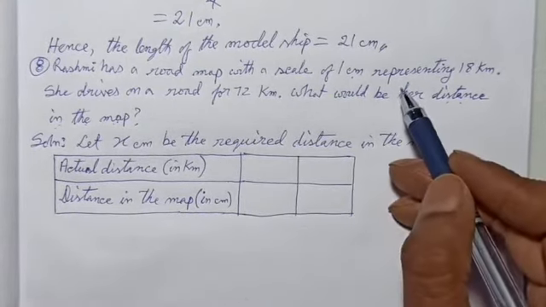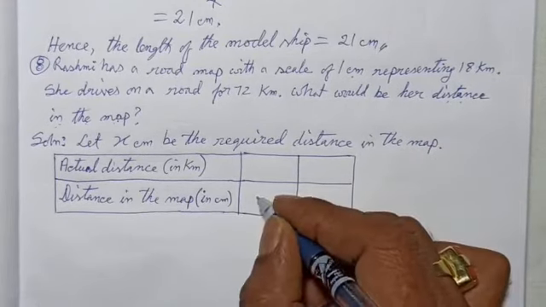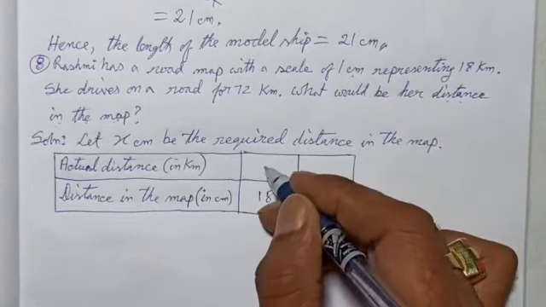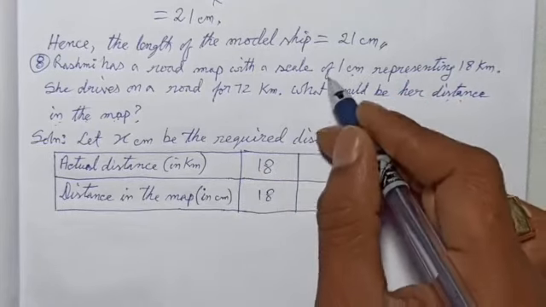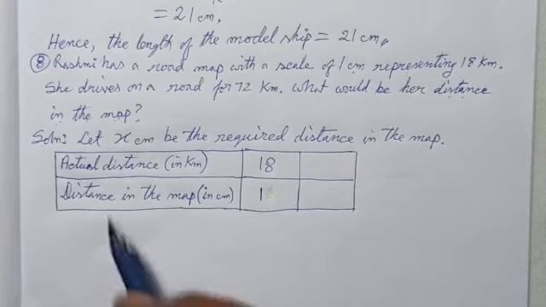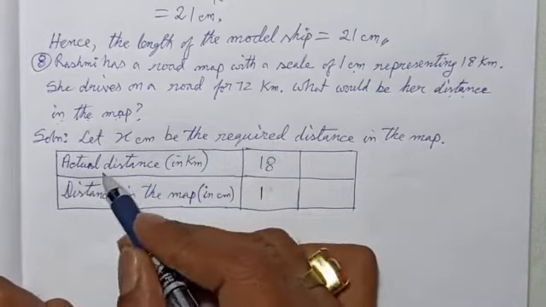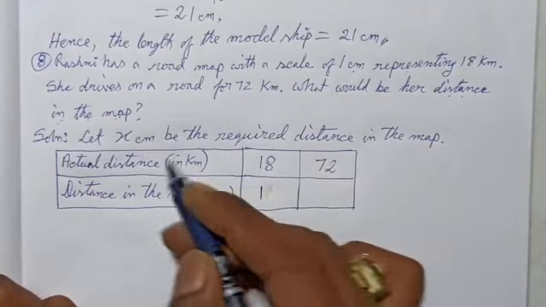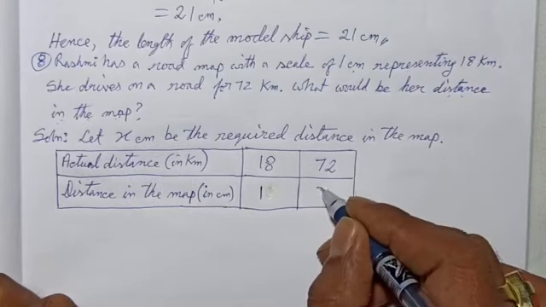Here, the actual distance is 18 kilometer, and this is represented by 1 centimeter in the map. She drives on a road for 72 kilometers, so the actual distance is now 72, and this x is the required distance in the map. So x is to find out.